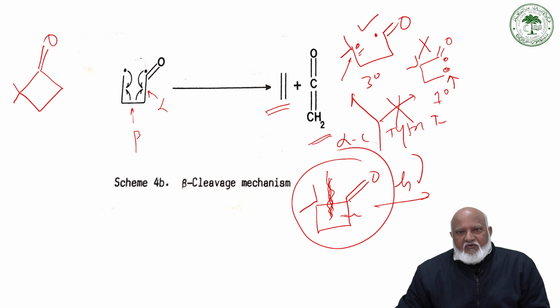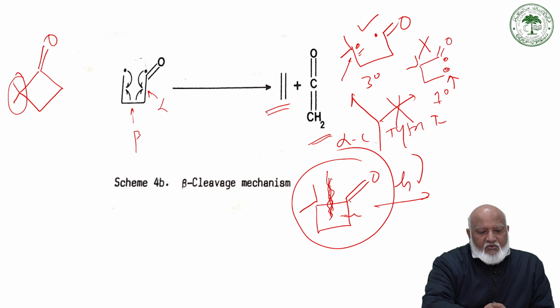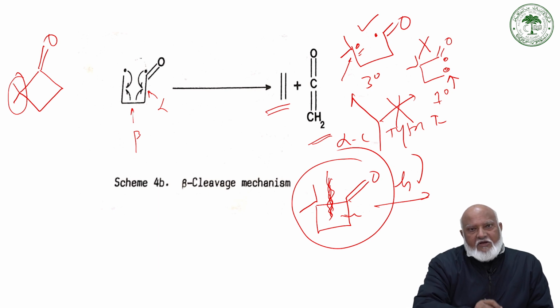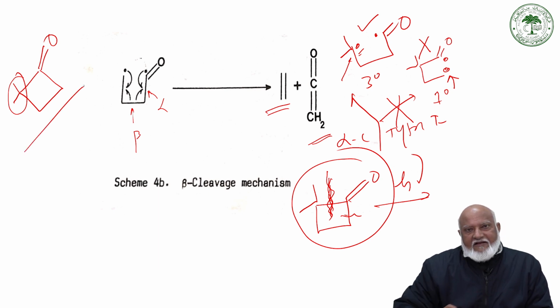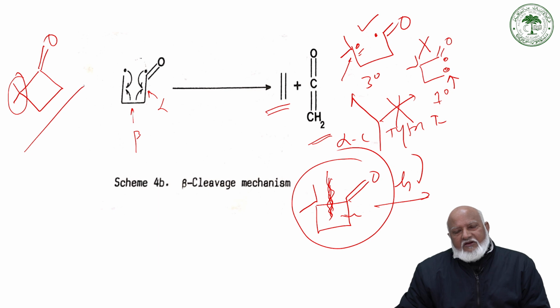Next, we are going to discuss a few examples of this. So we stop here and continue in the next lecture. Thank you very much. In the next lecture, we are going to take a few alpha carbon substituted cycloalkanones, where it is going to give you preferential cleavage to give the more stable carbon centered radical.